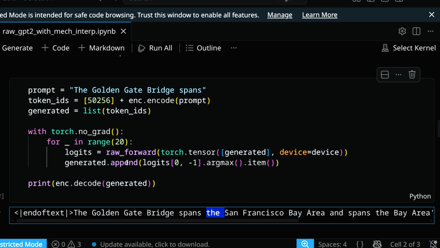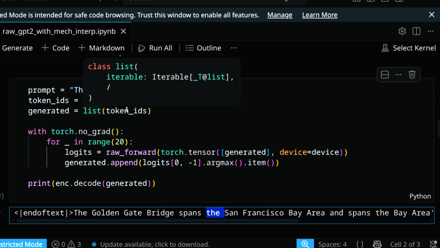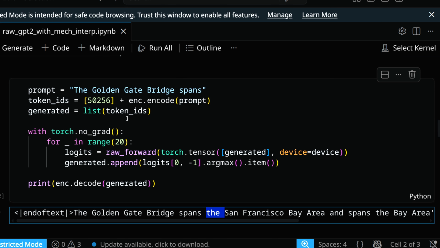So it would output the word the. Then it would append or attach it to the end of this list of words up here. Well, it's still in number form, but it would attach it to the end of here. So it would be the number representation of the Golden Gate Bridge spans the. Then it'll loop through again with that phrase, the Golden Gate Bridge spans the.